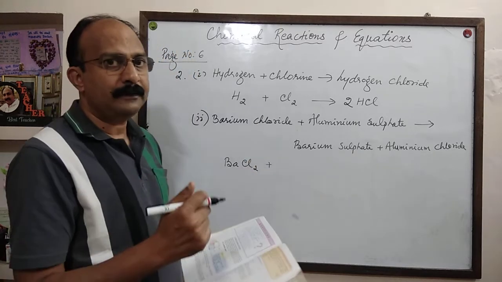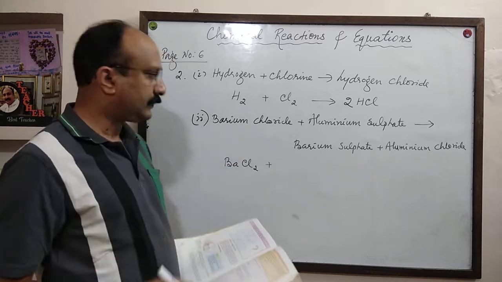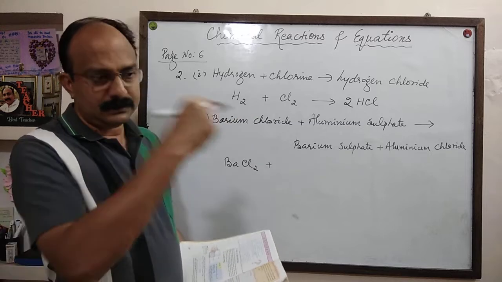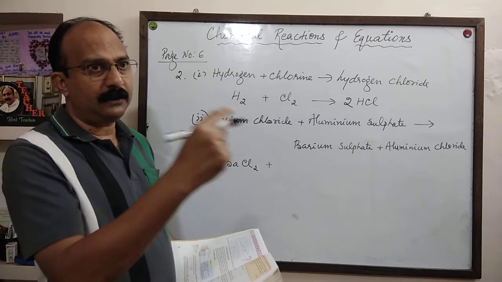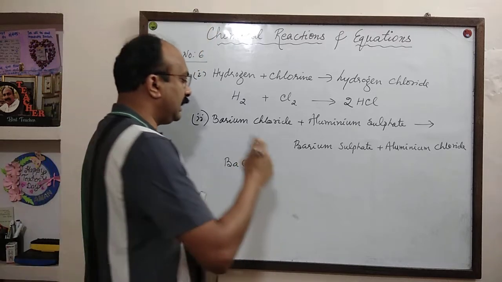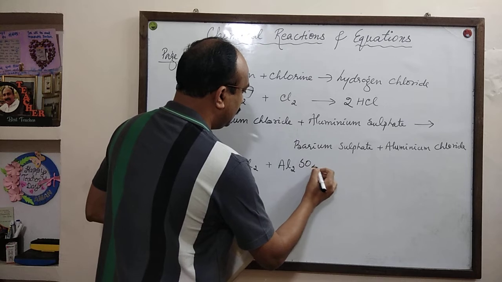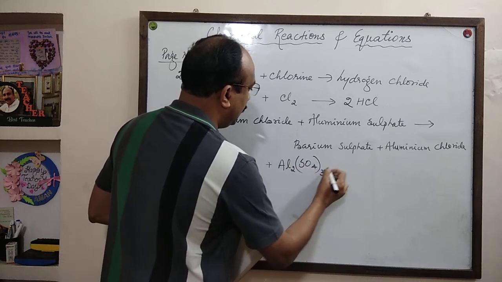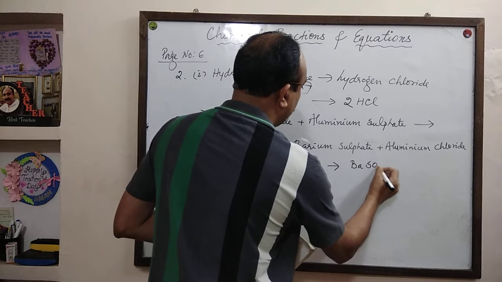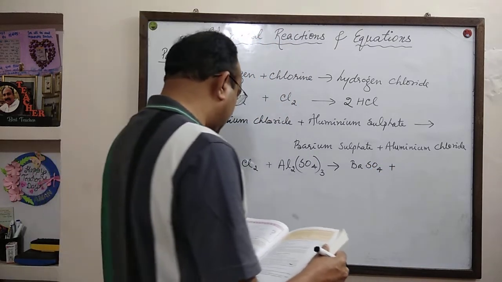Aluminium valency 3, sulfate valency 2. So Al2(SO4)3 is aluminium sulfate. Al2(SO4)3 gives barium sulfate, BaSO4, and aluminium chloride, AlCl3.